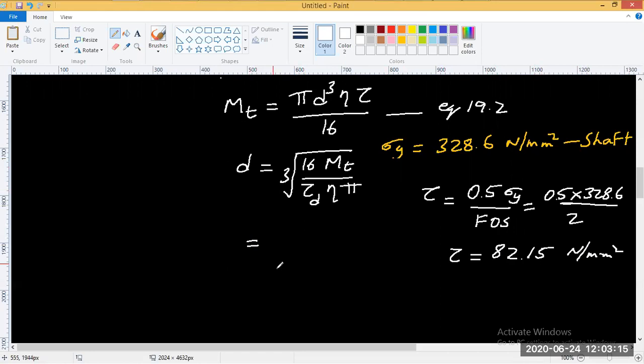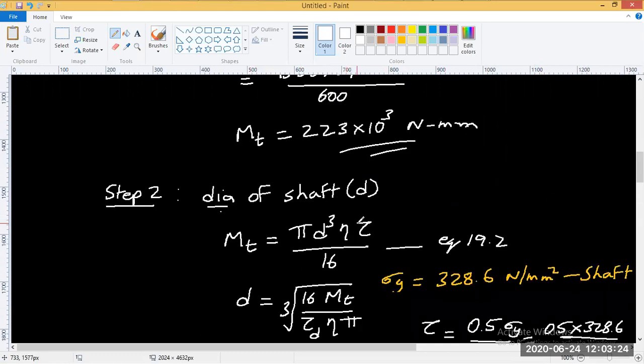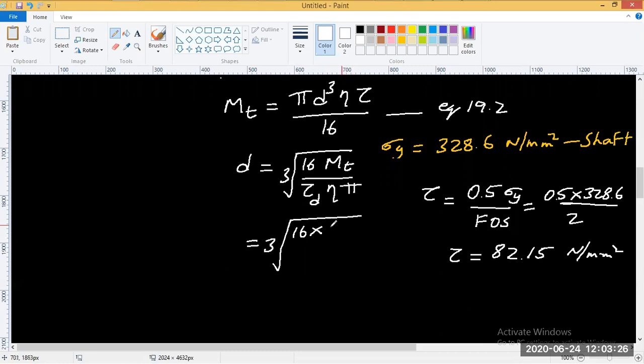So then we are supposed to get the cube root of 16 into the torque. Torque, I think 2 to 3, yeah, 2 to 3 into 10 power 3, divided by tau d.